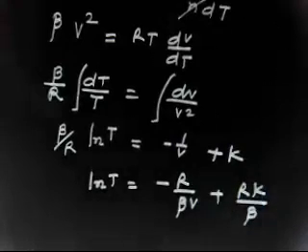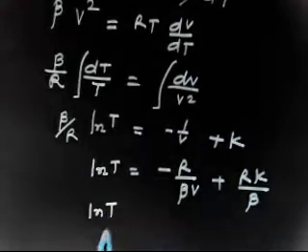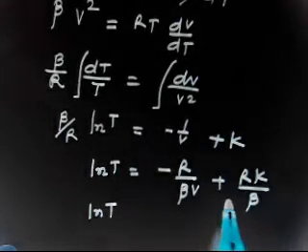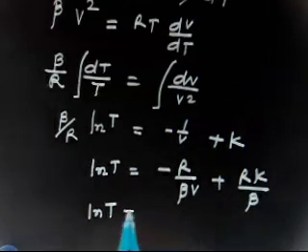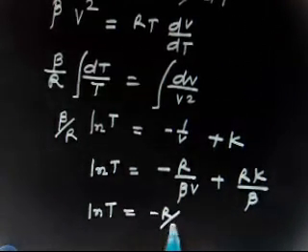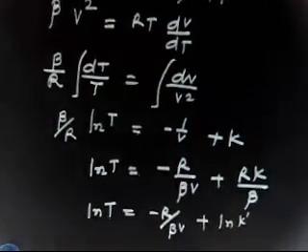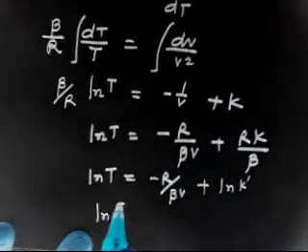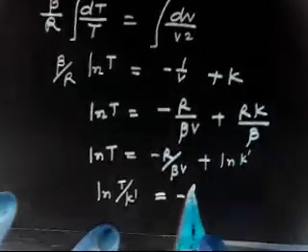Let us put this constant as minus ln k dash. Why I am doing this, you can understand soon. Now ln k dash comes to this side, so it will be minus. So we will have ln t by k dash is equal to minus R by beta V.